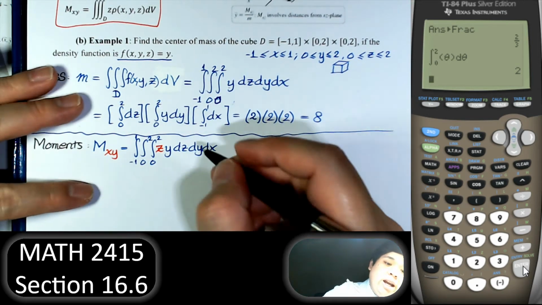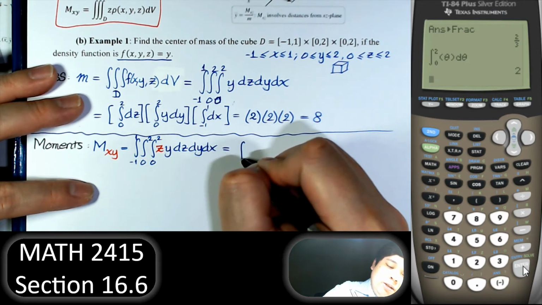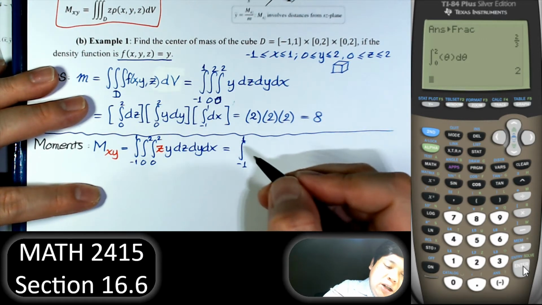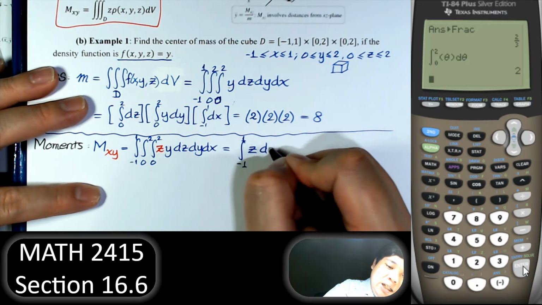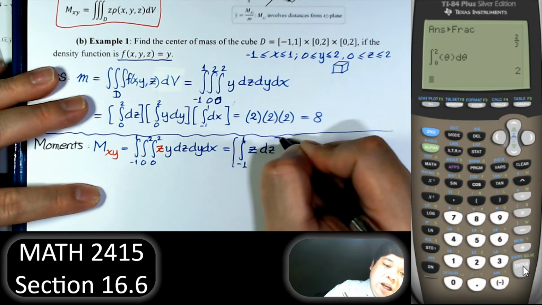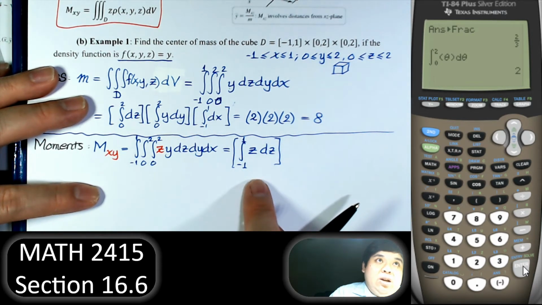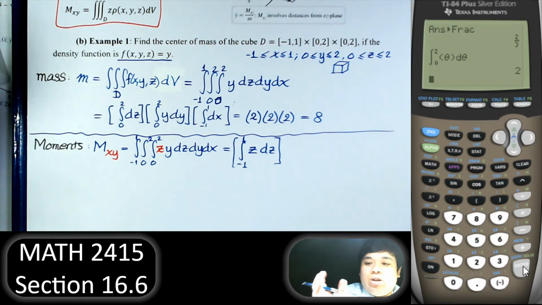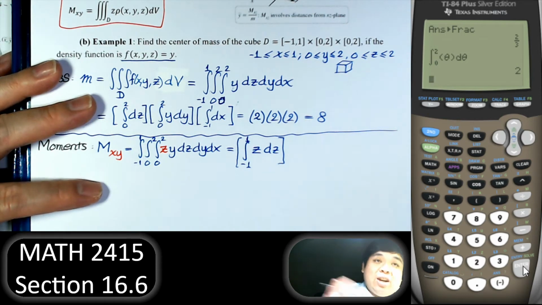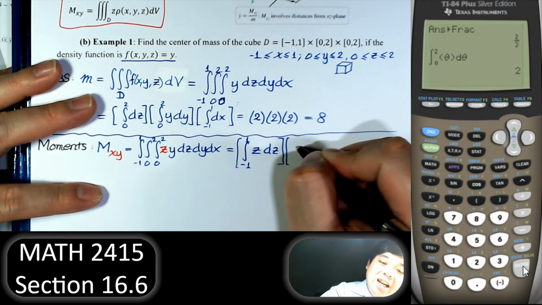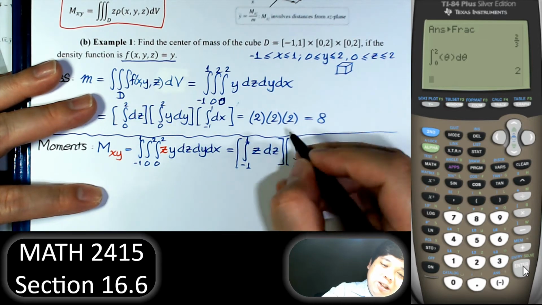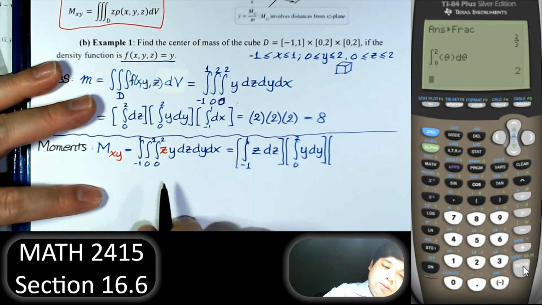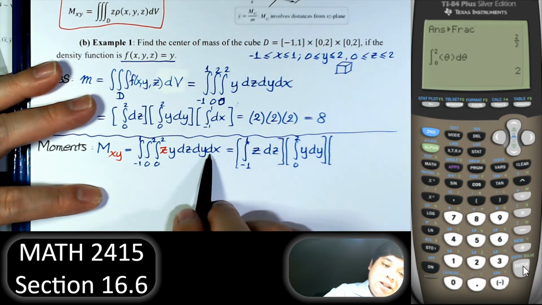Fubini's theorem again. For z, negative 1 to 1, and then z dz. I hope you recognize this. This is going to be 0. Symmetric limits, an odd function, that cancels out, that should be 0.